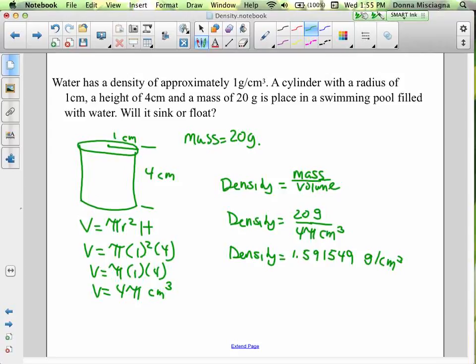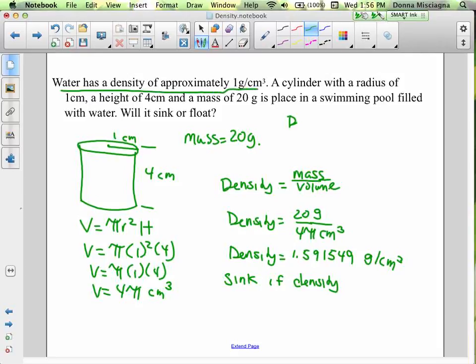All right, so we want to know whether it'll sink or float. How can we tell? If it's going to sink, it's going to have a larger density than the water, right? So it'll sink if the density is greater than the density of the water. And notice it says up here that water has a density of approximately 1 gram per centimeter cubed.